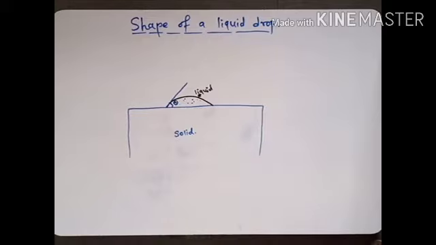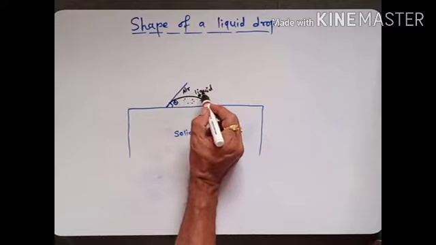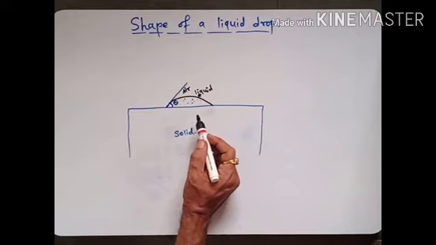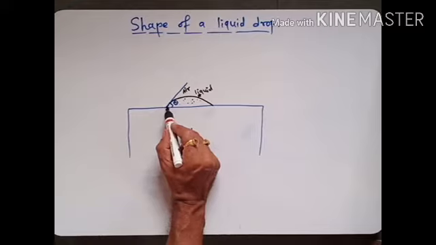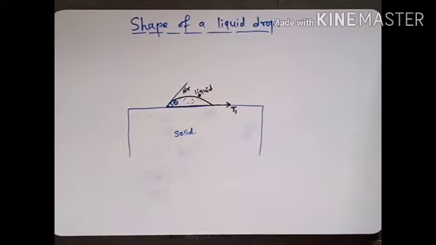Now we consider here air, this is liquid and this is solid. Now we consider three forces of surface tension. Suppose T1 is the surface tension of the liquid solid interface.